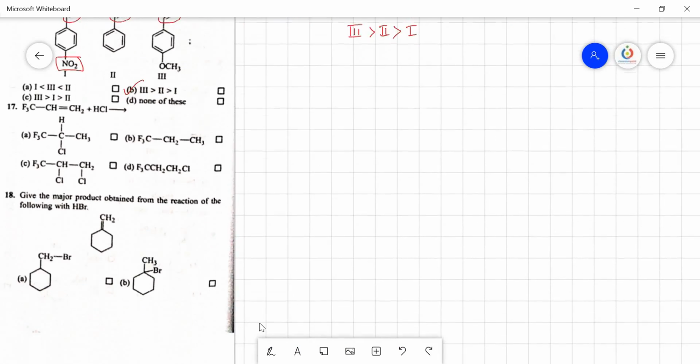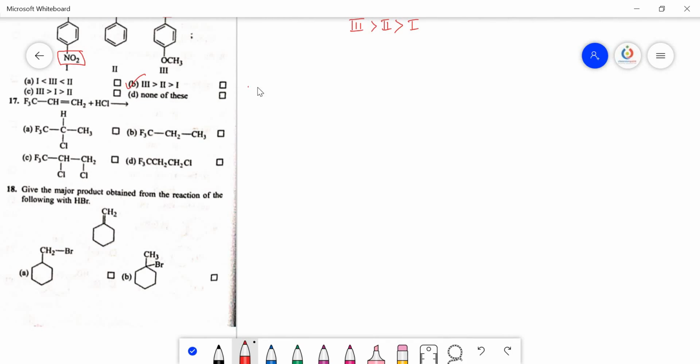Now let us solve the question number 17. So in this question number 17, the given molecule is CF3CH=CH2 with HCl. So H plus ion can attack either this position or this position.